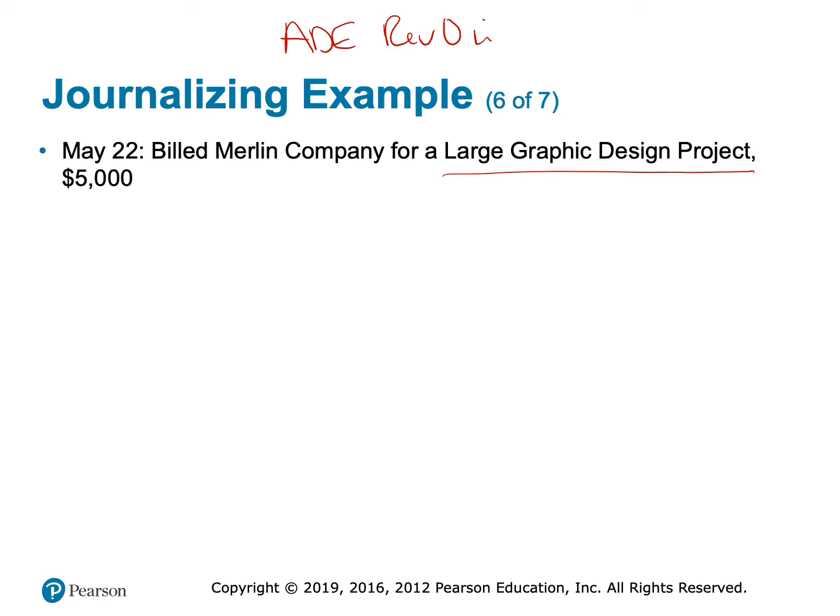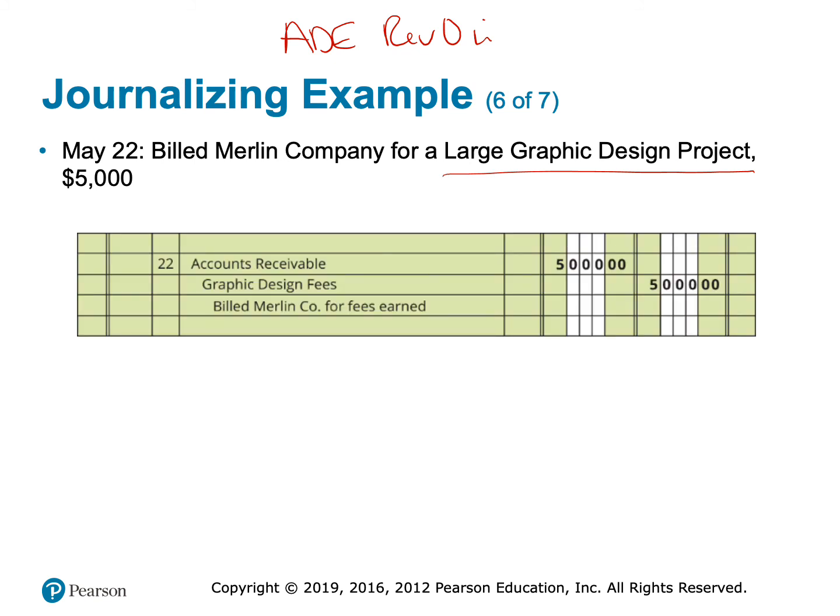And so that would be called an account receivable, right? Accounts receivable is an asset. It represents the amount of cash that we're expecting to collect from customers. Collecting cash from customers is an expected future benefit, so that meets the definition of an asset.